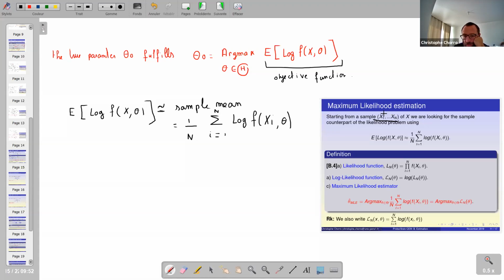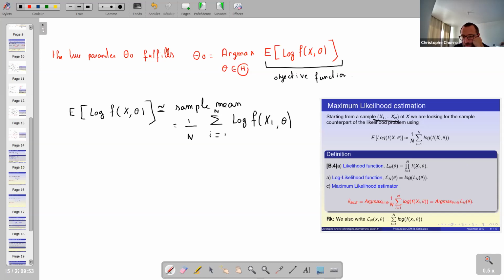So we introduce some notation. We introduce what we call the likelihood function, that is the product of this quantity. Here you have the density of capital X at the point xi. Keep in mind that here it's the real density if I am in the continuous case.